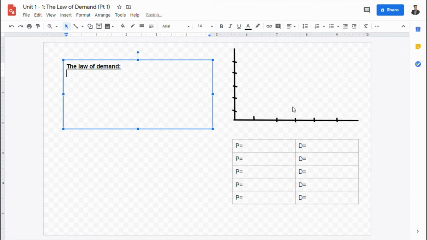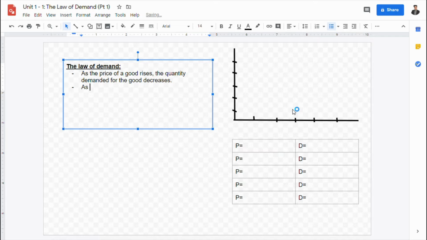So the law of demand basically has two parts. The first part states as the price of a good rises, the quantity demanded for the good decreases. This is the first part.